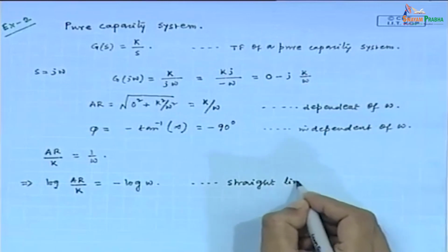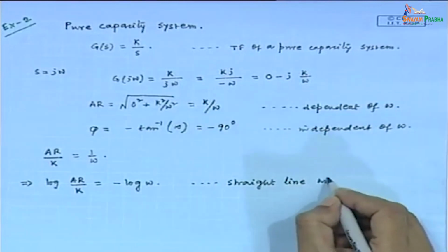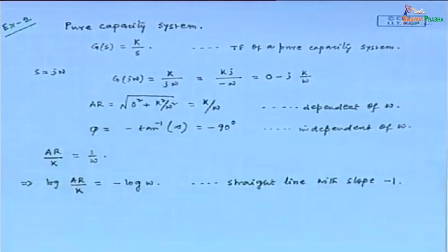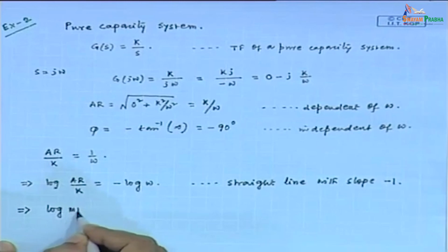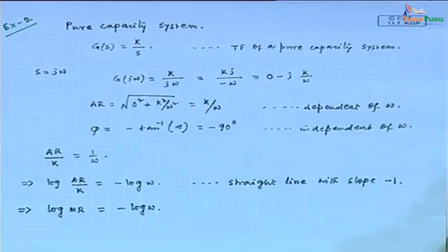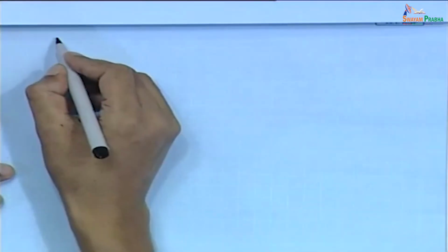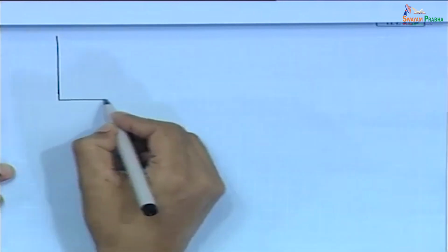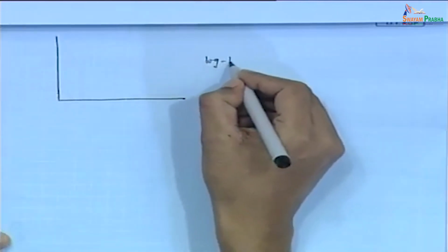Fine. Now, we will produce the Bode plot. So, this is the log graph paper.